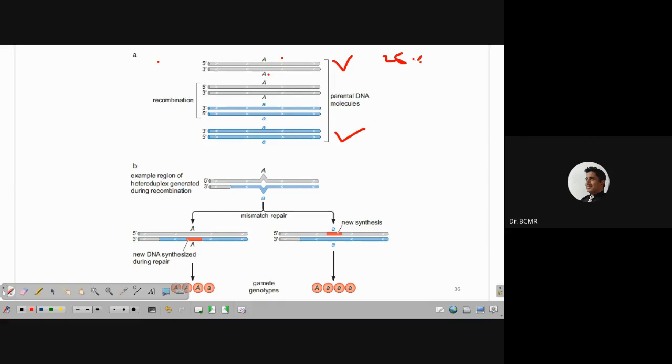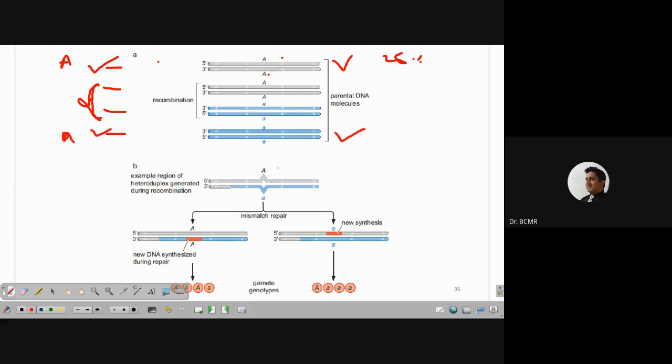So four cells are forming: 1, 2, 3, and 4. There is no difference in the top one. These are non-recombinants. They did not recombine with anything. Recombination has happened between these two, right? So this is capital A and this is small a, genetic information, no difference at all. What will happen to them is the problem.